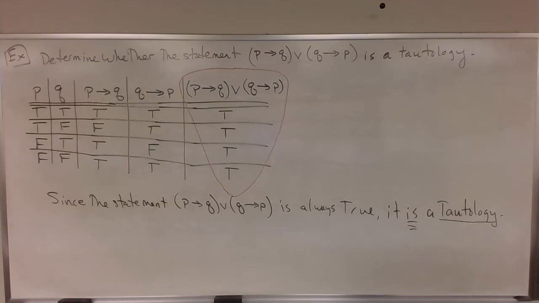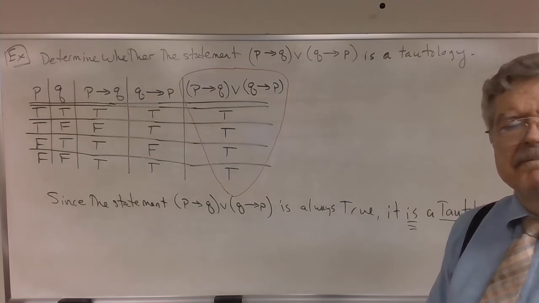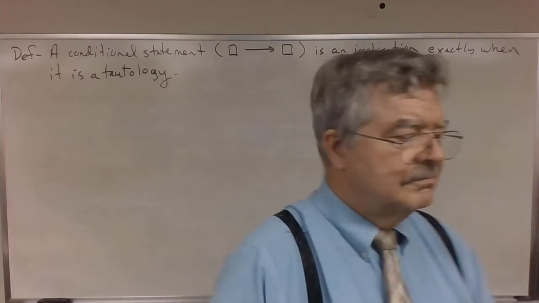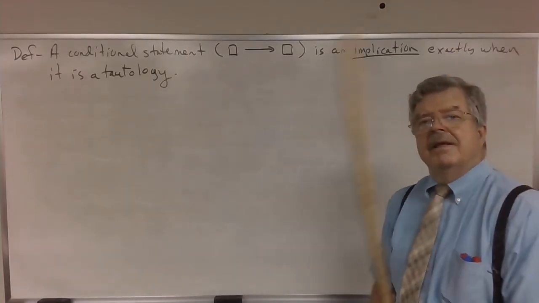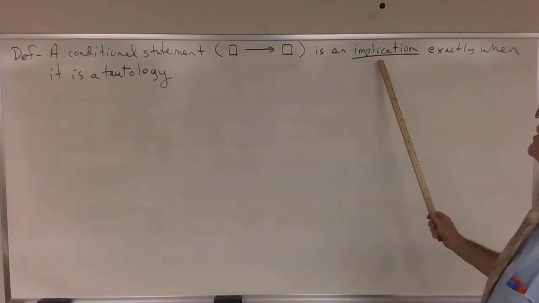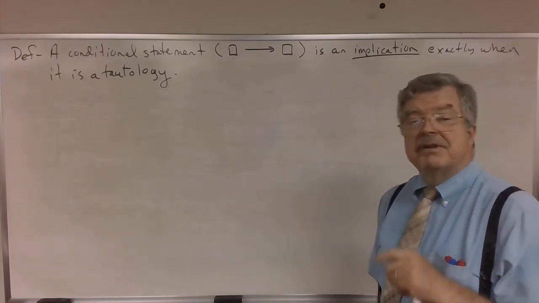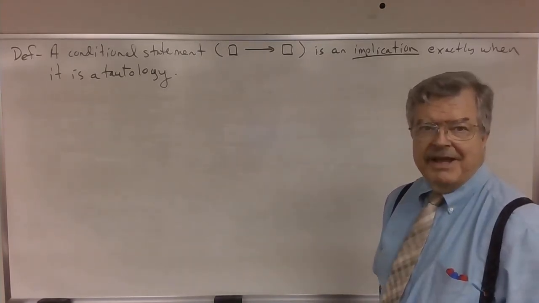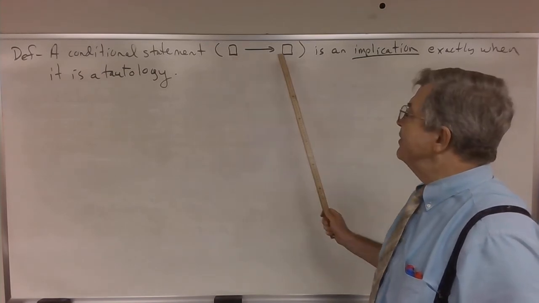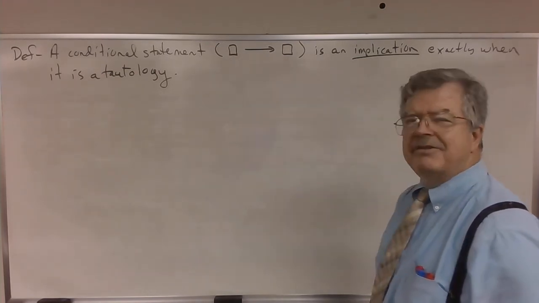Now, there's one more thing that the book talks about that I need to define. The last thing that we're going to talk about is something called an implication. An implication is a conditional statement, an if-then statement, or this implies that statement.